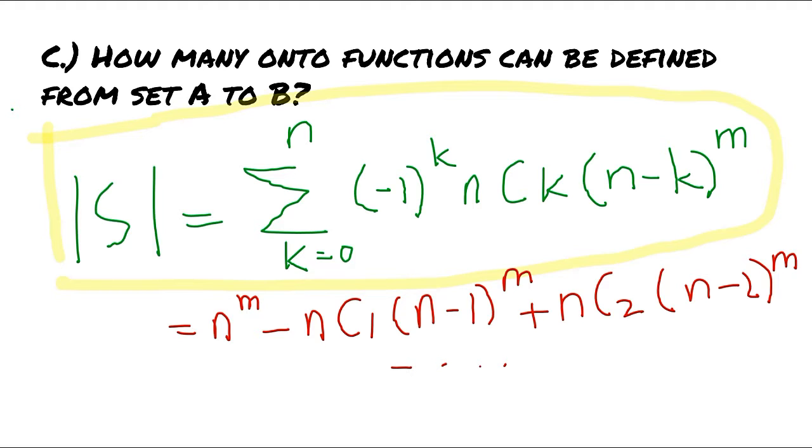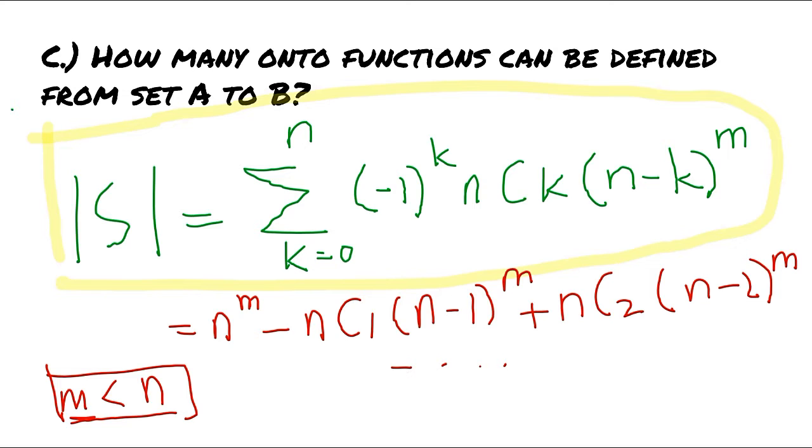There are special cases, of course, if m is less than n. These are the cardinalities of A and B. In this case, we cannot satisfy the onto principle if there are fewer domain elements, because if you remember, the definition of onto is that all the codomain elements must be assigned, and we cannot do that if there are fewer domain elements than the codomain.